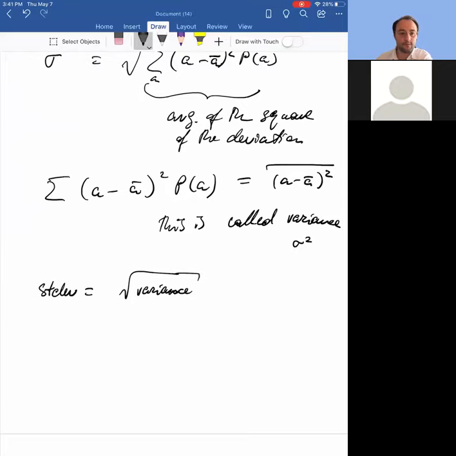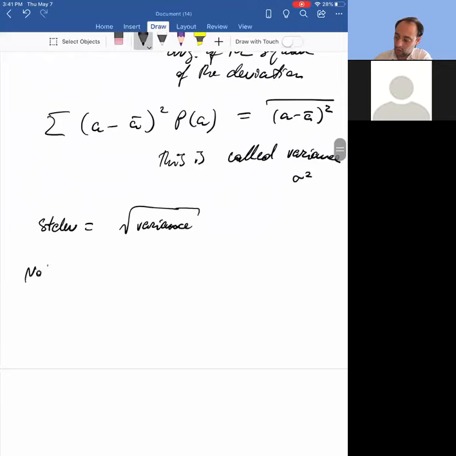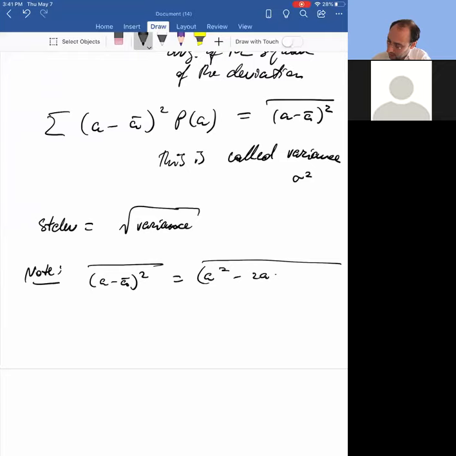Note that the average value of (a minus a bar) quantity squared equals, I'm going to just distribute this whole thing: a squared minus 2a bar a plus a bar squared, which is a squared minus, well, a bar is a number.